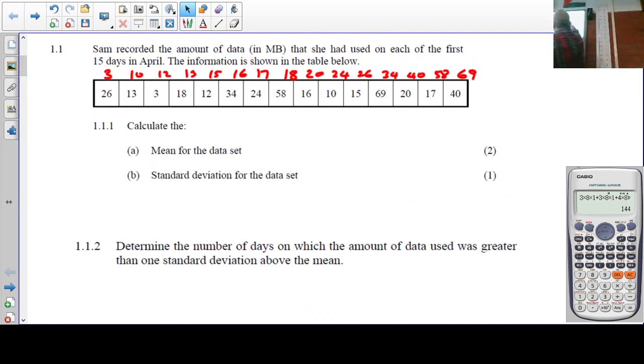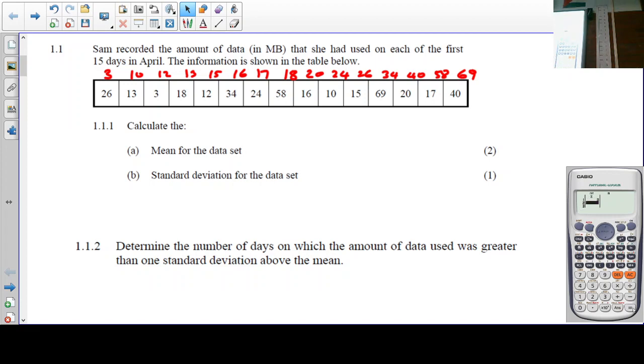To get the calculator in the mode we want, to program it, we press mode, 3 for stat, 1 for variance. At this point we need to enter the data.